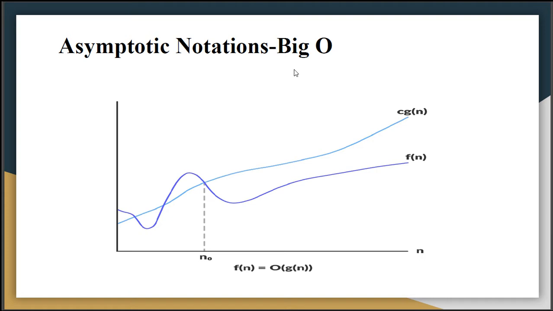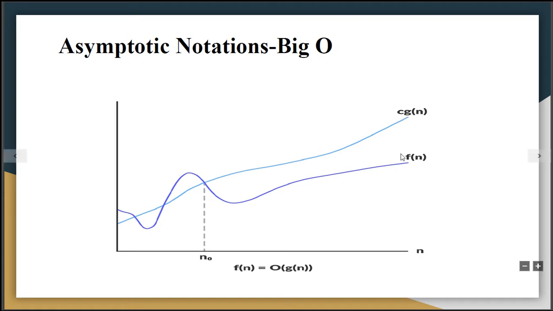Before going to the identification of big O, omega and theta, let us try to understand two terms. The first one is f of n as it is visible here, and the second one is g of n. The third value which is visible over here, that is c, that is a constant value that depends on the factors at runtime.